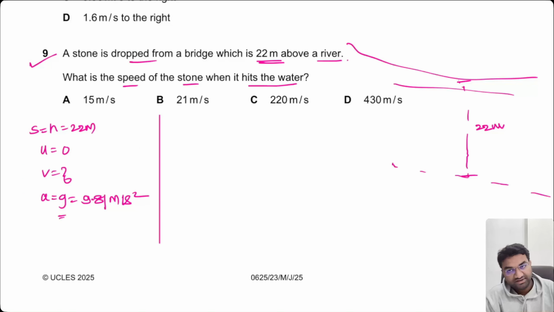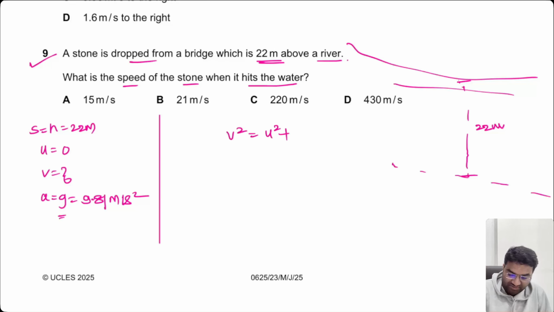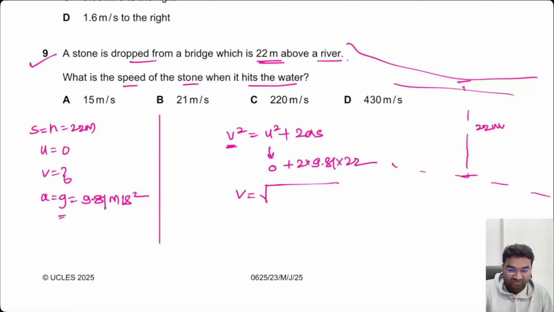So we can use v square is equal to u square plus 2as. So we calculate the final velocity: u is 0, plus 2 times 9.81 times 22, and take the square root of it. It's 431.2, and the final velocity is around 21 meter per second.